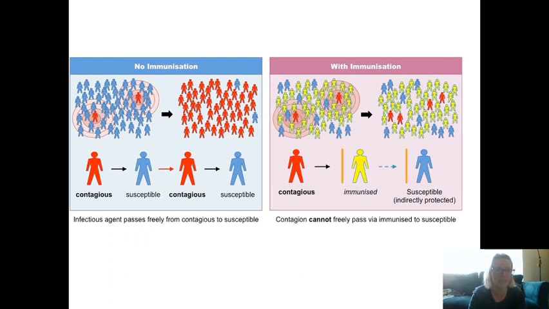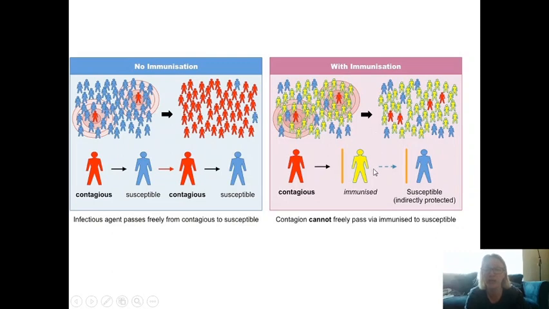Just to illustrate that, this is the population without any vaccination program, and you can see we've got some people here that are contagious, and none of those people have any kind of immunity to it, so they all catch that particular infection.